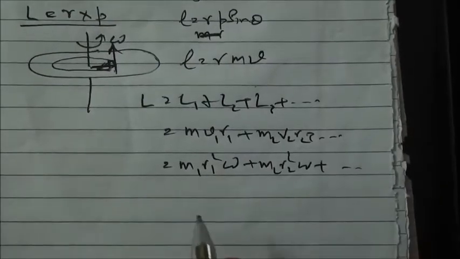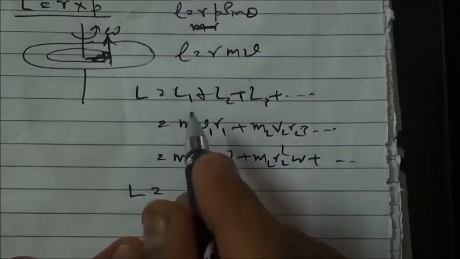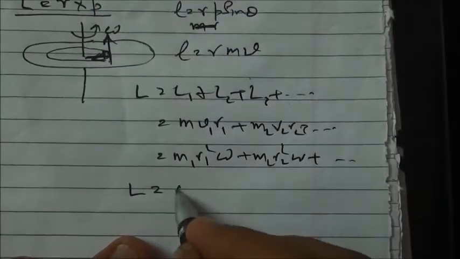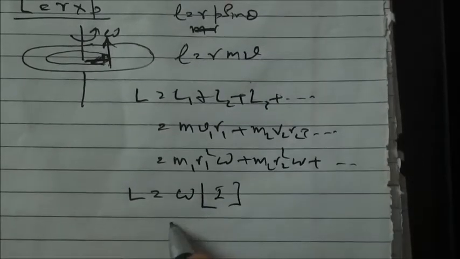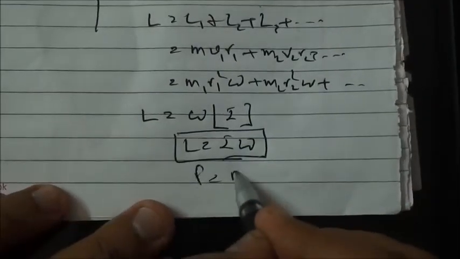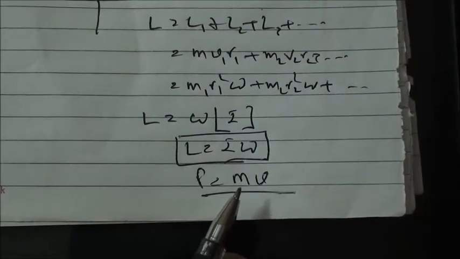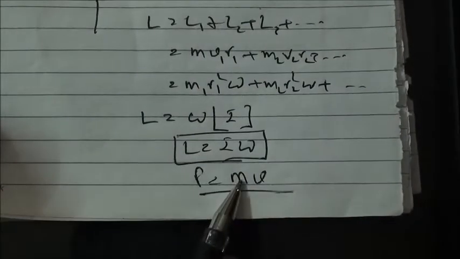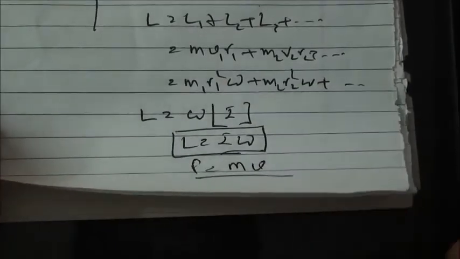Again omega is the same for all particles. And if you recall from the previous expression, omega is constant, m1 r1 square plus m2 r2 square again becomes I. So L is I omega. It's again just like p is equal to m v. For linear momentum, we have angular momentum. For mass, we have the moment of inertia. For velocity, we have angular velocity.